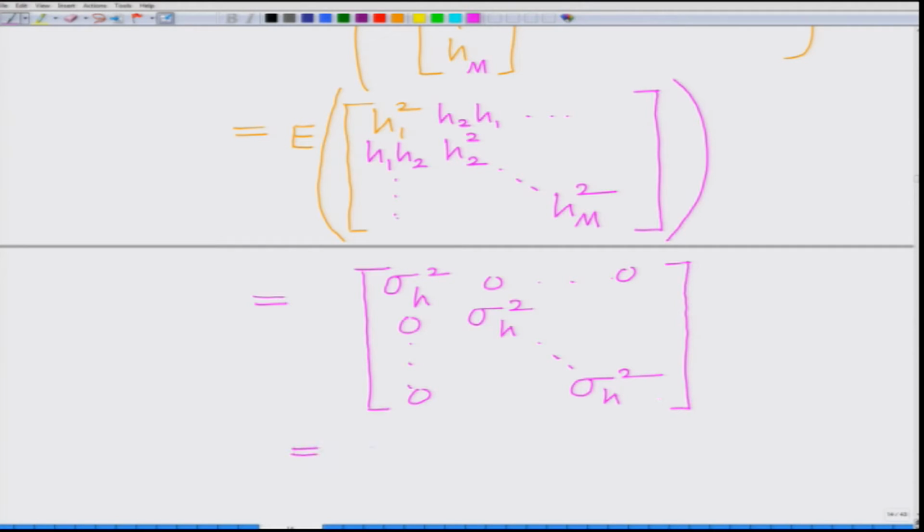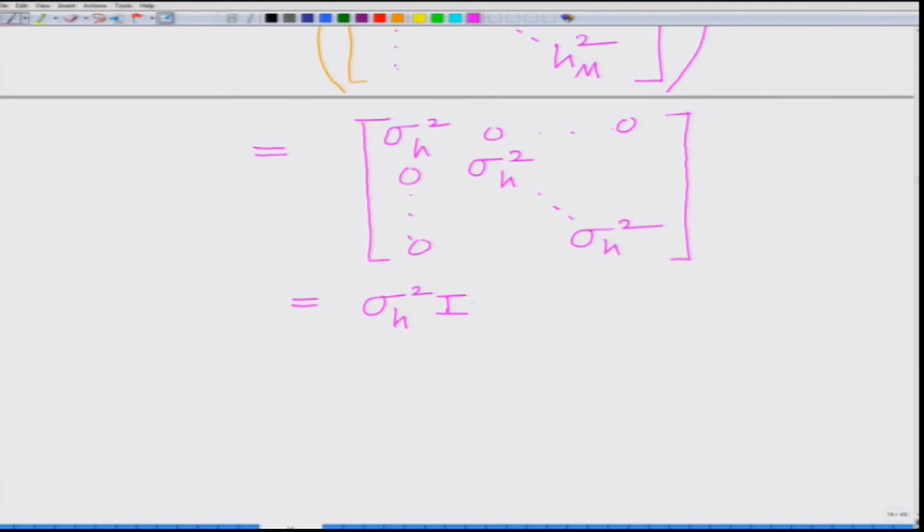So, this is sigma h square times the identity matrix. Just to be clear, this is an M dimensional identity matrix. When I write I M, this means an M cross M identity matrix, because the identity matrix is a square matrix, that is well known. So, I simply write the number of rows or number of columns, since they are both equal.